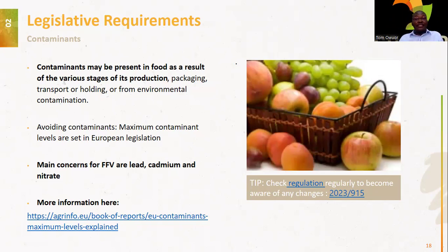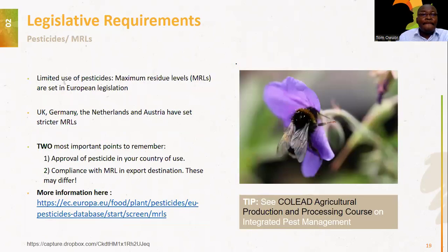And a notification is not very good for any business person, neither is it good for any country. For more information, you can go to agriinformation.eu to understand some of the requirements in the legislation that governs the contaminants, specifically lead, cadmium, mercury, nitrate, and many other heavy metals that are not allowed in the European Union market.